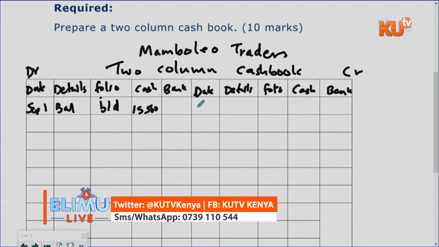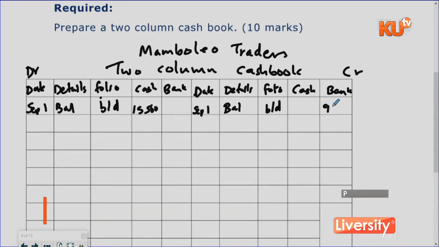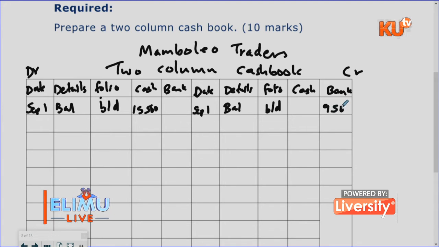On the same date, September 1, we have balance brought down again, and then bank had 9,500. That is the entry for the first transaction.